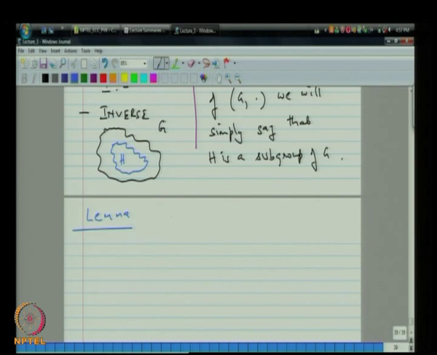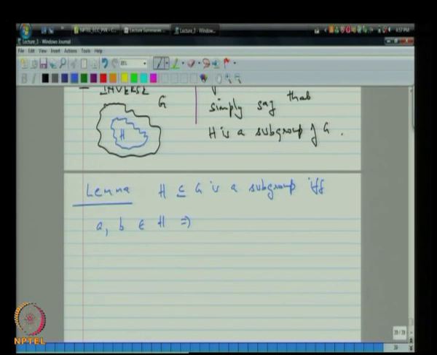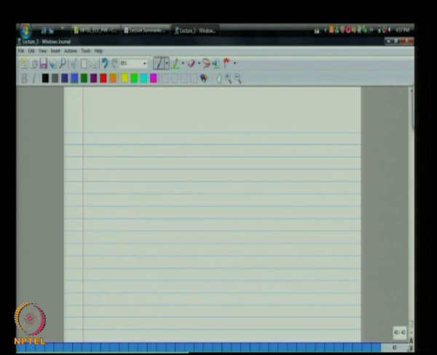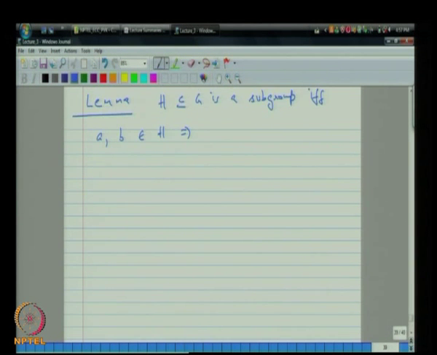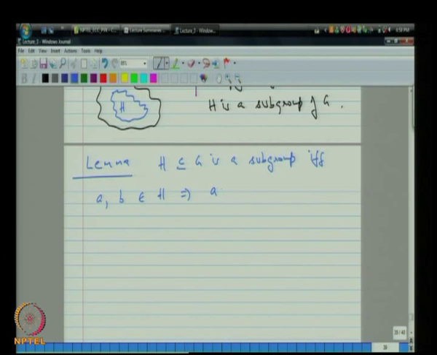Which says that H, a subset of G, is a subgroup if and only if a, b in H implies that a times b inverse belongs to H. So, it is a simple test.